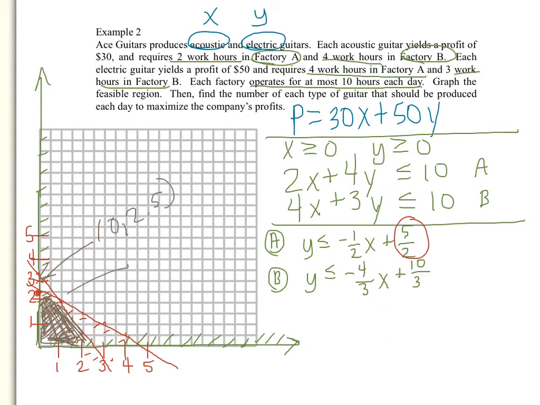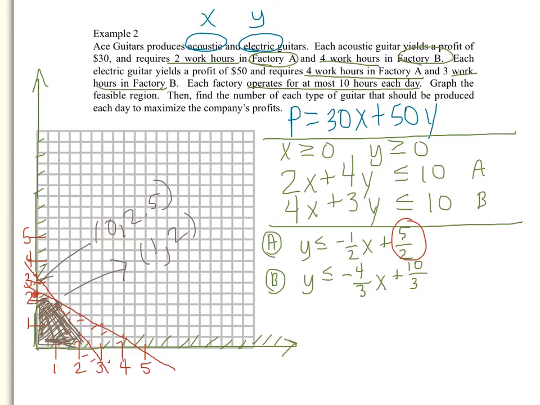And I have a vertex right here where these 2 points intersect. And I have 1, 2 as a vertex. And the third vertex down here is about 2.5, 0 as well. And then we do have the vertex of 0, 0 down in the corner.